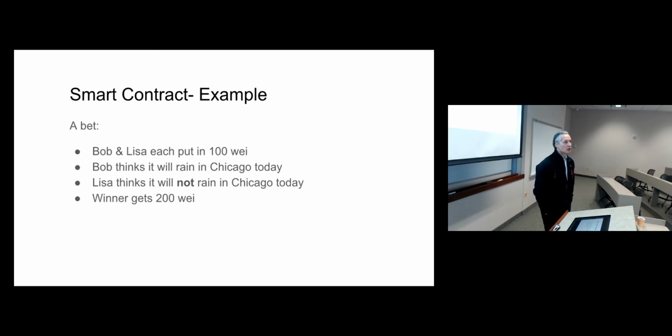It's a non-certified, non-blockchain data source that makes a determination for the outcome of this bet in a smart contract. In this case, Bob and Lisa have to appoint Teresa or whoever to make the determination as to whether it rains in Chicago today or not. We call that an oracle.